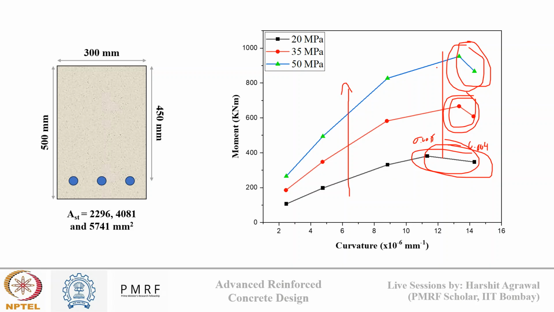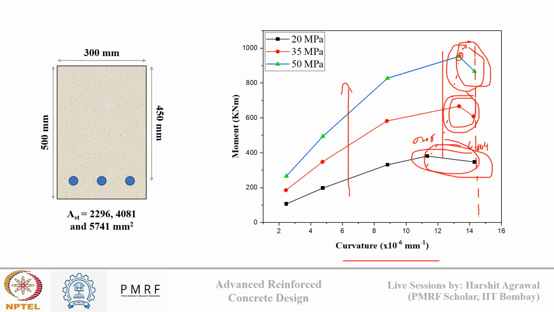Up till 0.0035 the moment capacity is increasing and then it is decreasing, and as the concrete grade is increasing the moment capacity is increasing, but there is no significant change in the curvature. If you see at 0.004, the curvature in all is almost the same. However, below, at 0.0035, the curvature is increasing as the concrete grade is increasing.